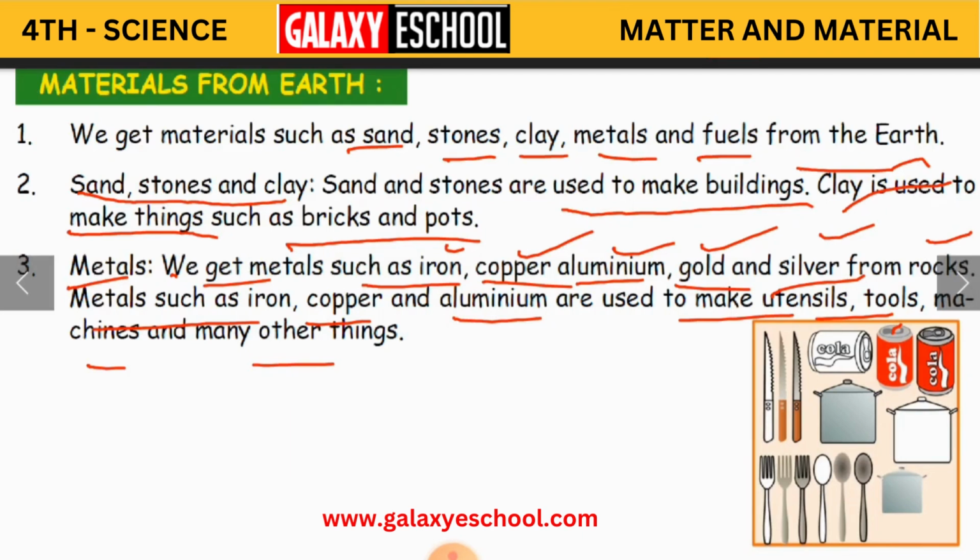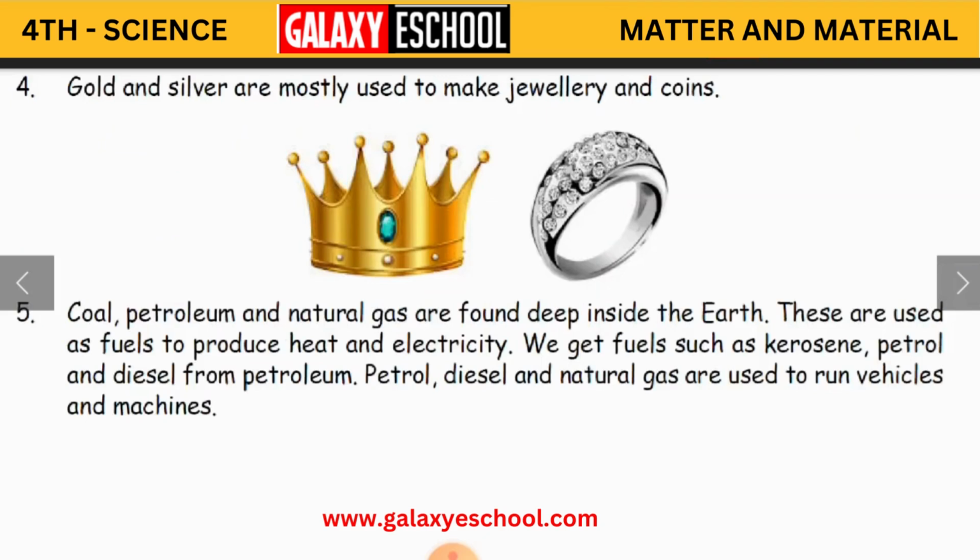So in our daily life, we use these metals in different ways. Even gold and silver we use in ornaments. Clear? Gold and silver are mostly used to make jewelry and coins. Jewelry is nothing but ornaments.